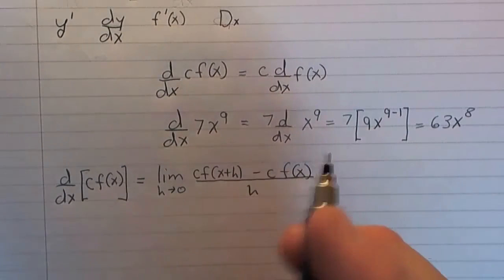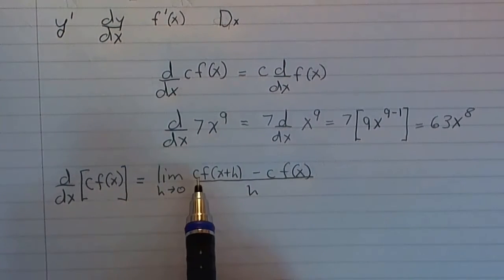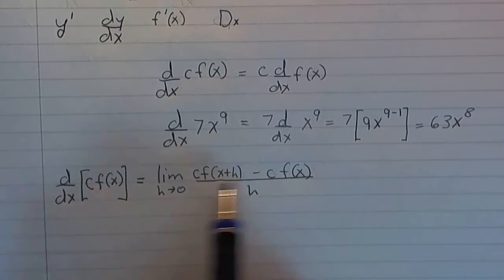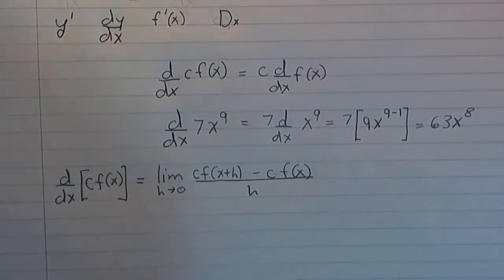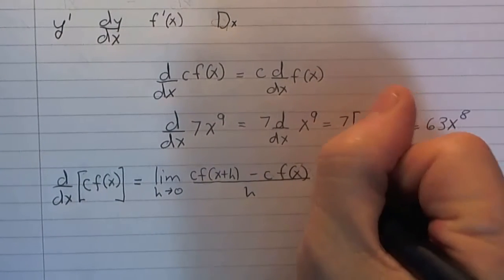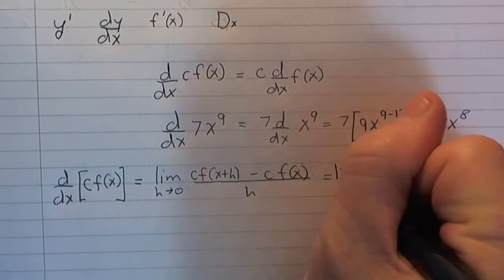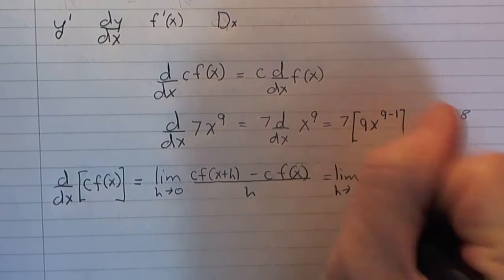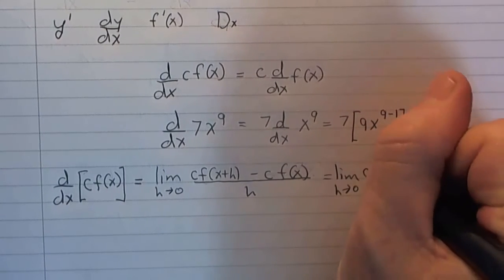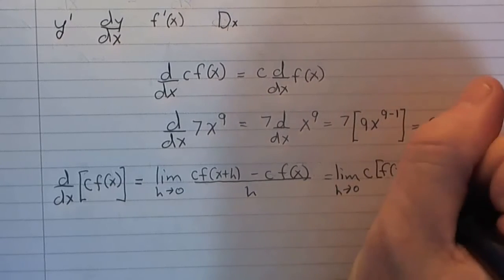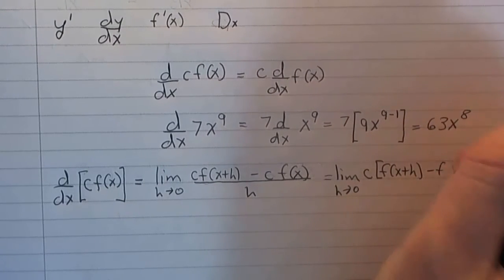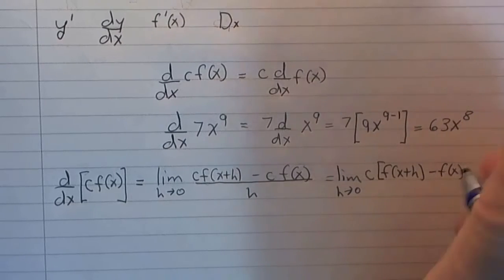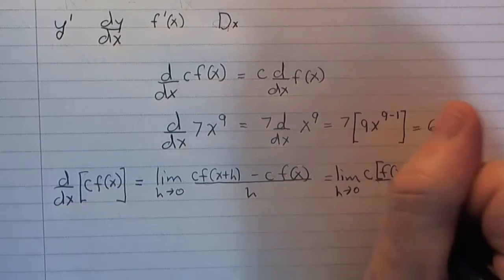Now, you can see here that the c can be factored out of the top. And this would be the limit as h goes to 0 of c times f of x plus h minus f of x, over h.